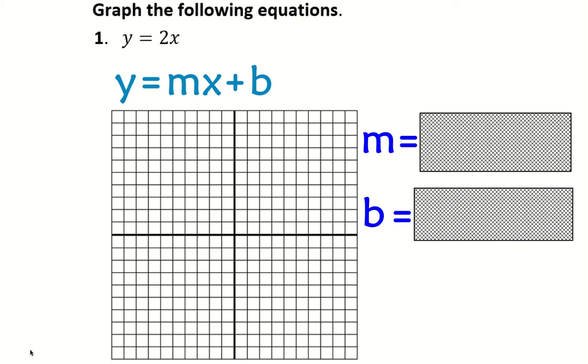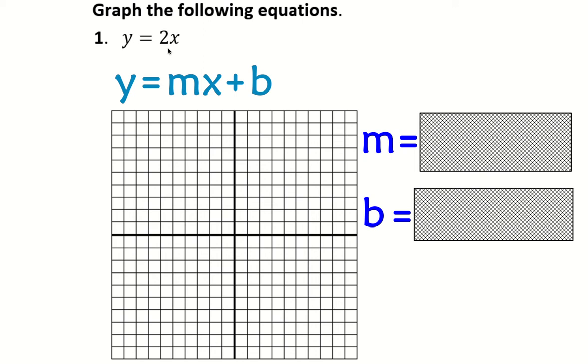Alright, gang, so the Chapter 2 sample test starts off with this question, which just wants you to graph that linear equation. So you should be able to recognize this as already being in y equals mx plus b form.